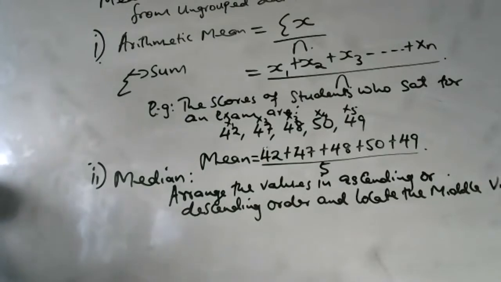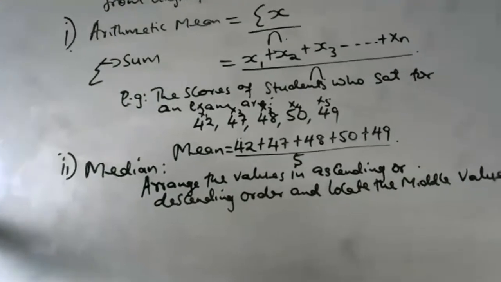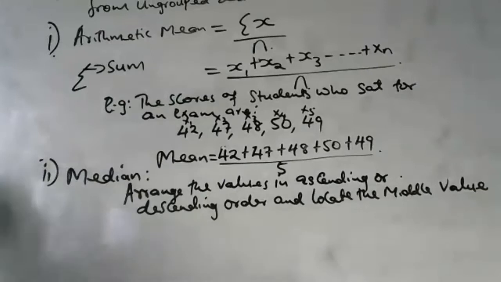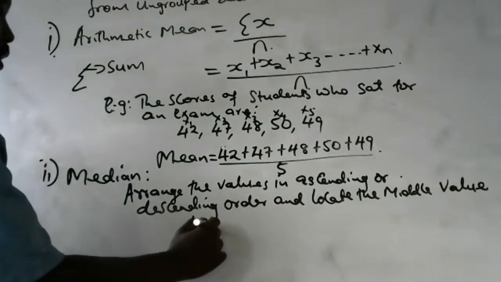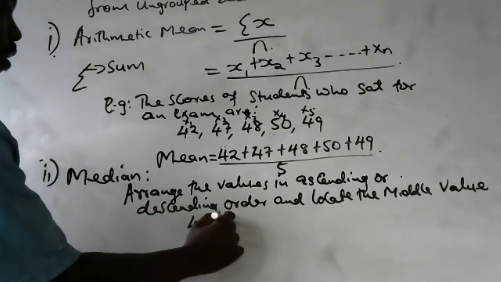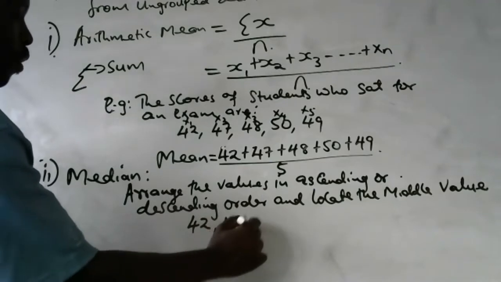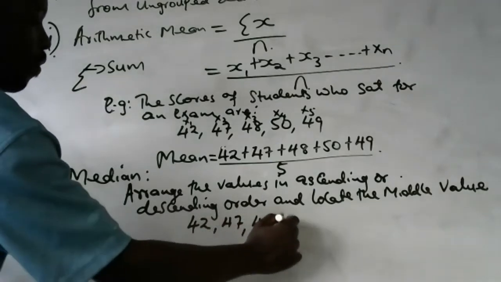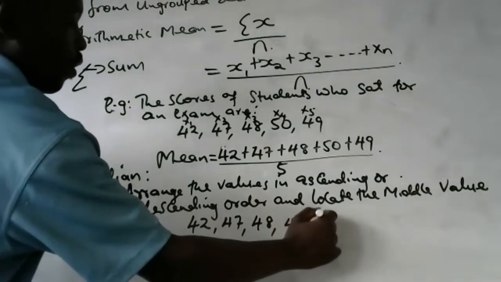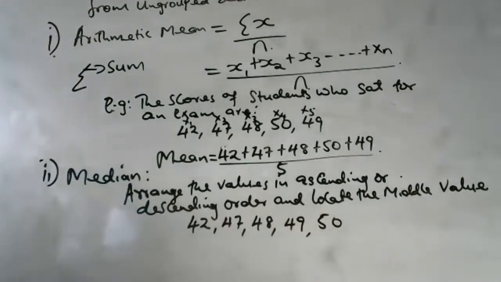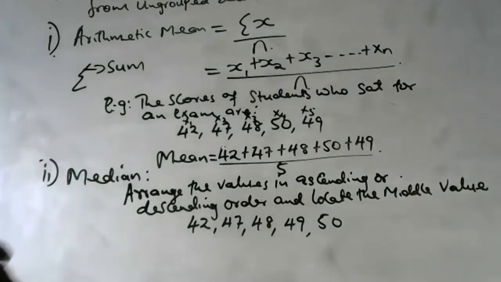In this case, if we arrange the data we had, you start with the smallest, which is 42, followed by 47, followed by 48, followed by 49, followed by 50, like that. Your data is arranged. After you have arranged your data, you locate the number that is at the middle.